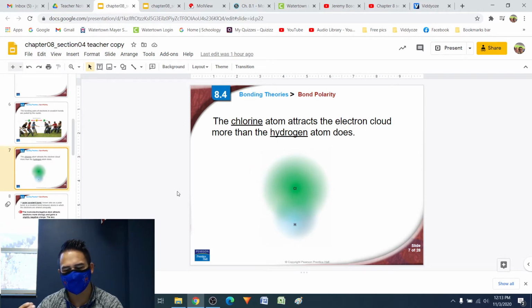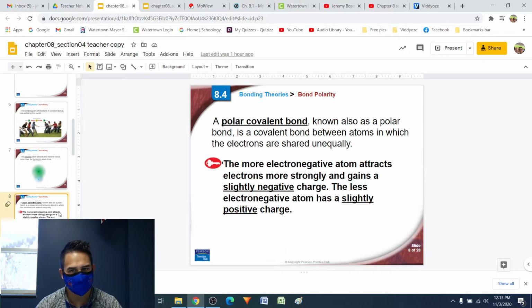Now, this isn't going to be fully charged like ionic compounds, where you've got a fully negative part and a fully positive part, and you've got an anion and a cation. It's only going to be slightly negative and slightly positive, okay? The electrons are still being shared, they're just not being shared equally. This is what we call a polar covalent bond, or essentially polarity. And this is where we have a bond where you have two atoms and the electrons are not shared equally.